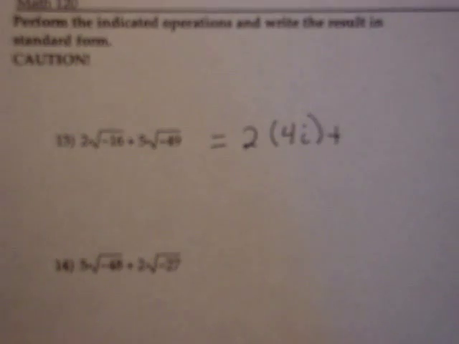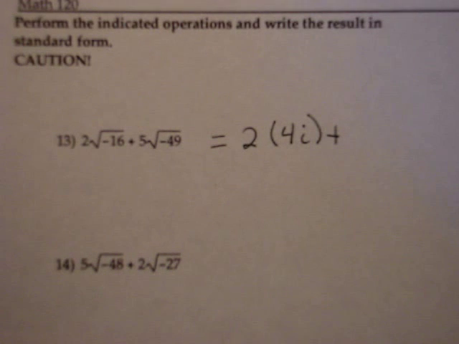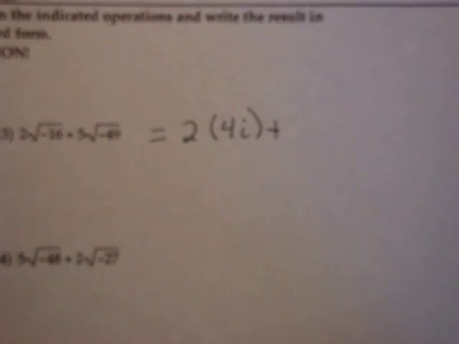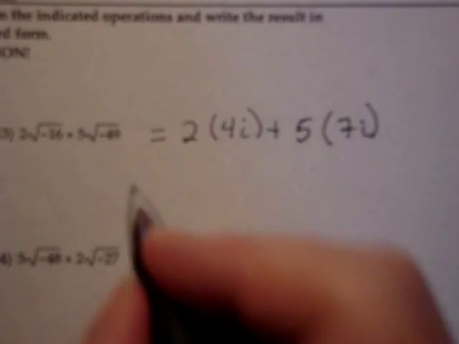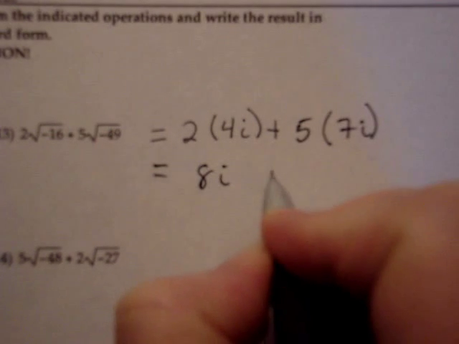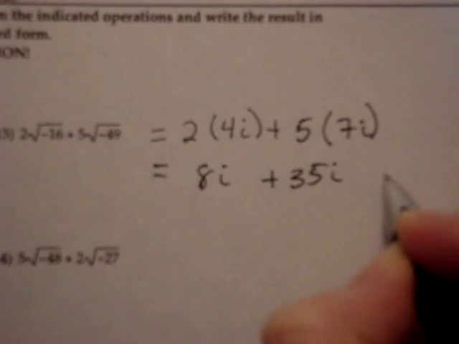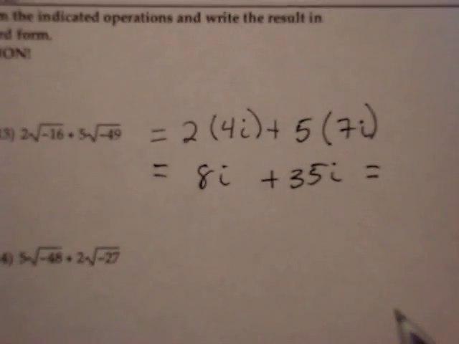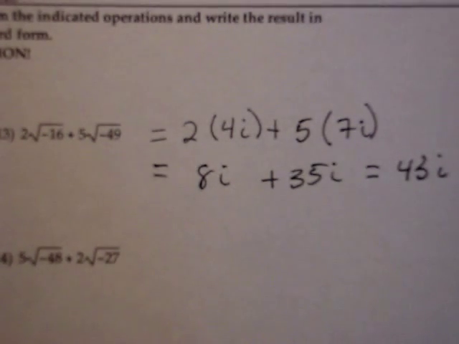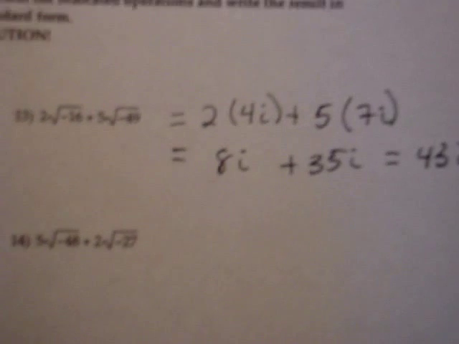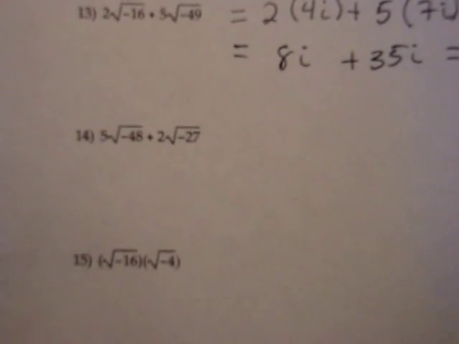Plus 5 times the square root of negative 49. The square root of negative 49 is 7i. Now we multiply: 8i plus 35i, and add like terms, and that will be 43i. That was easy. Okay? Let's try number 14.